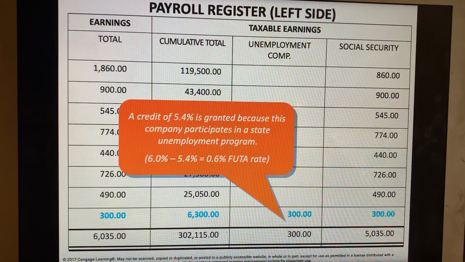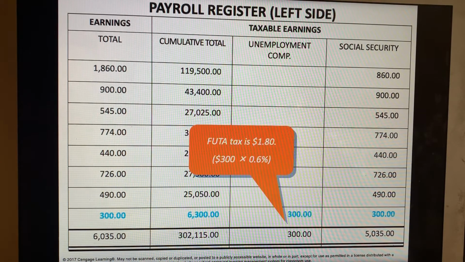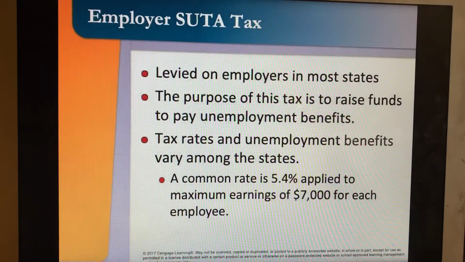A credit of 5.4% is granted because this company participates in a state unemployment program, so 6% minus 5.4% leaves a 0.6% FUTA rate. So $300 times 0.006 is $1.80.